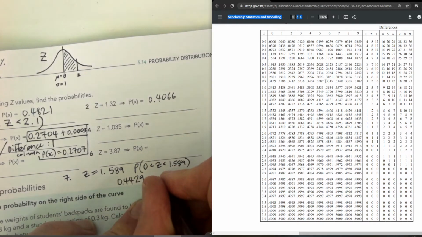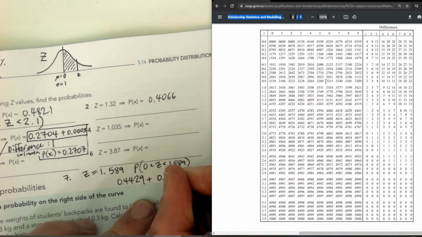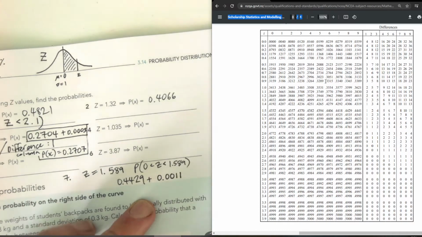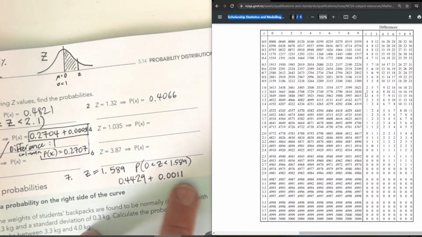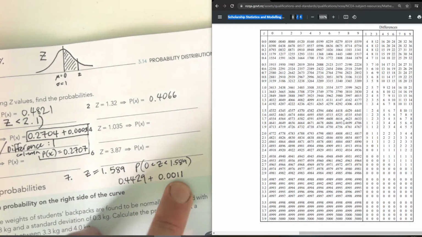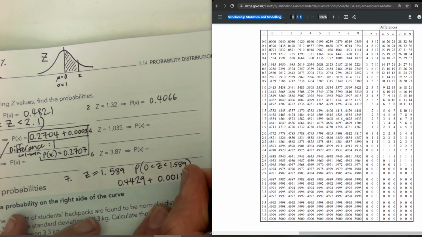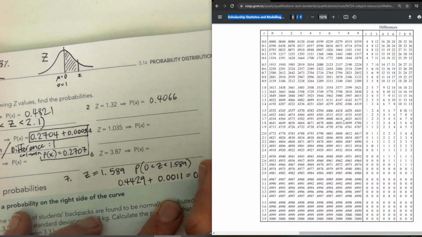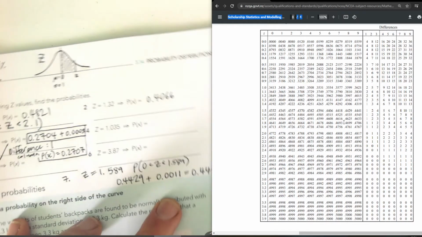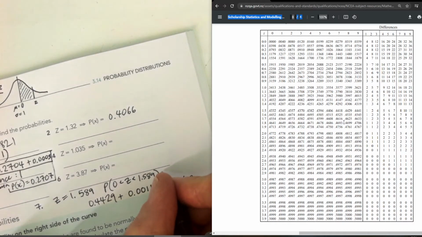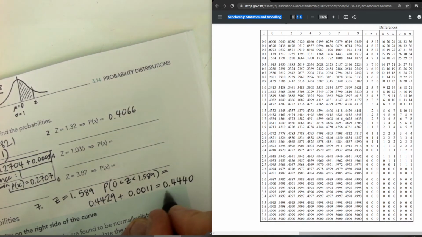When you're adding on anything that's got 2 digits, you just fill it in on the 3rd and 4th decimal place. So it's just adding on 11, like that, 0.0011. So that's going to be 0.4440. And that is how you do it.